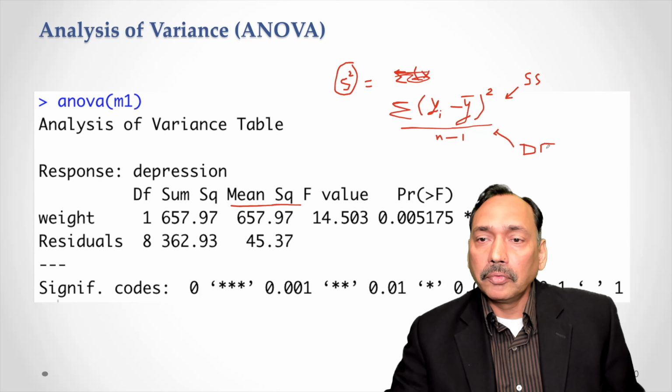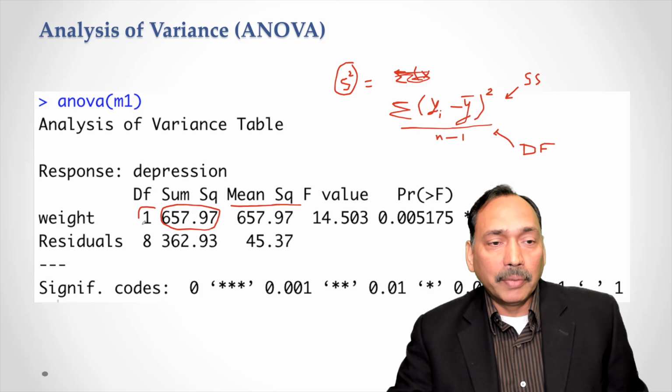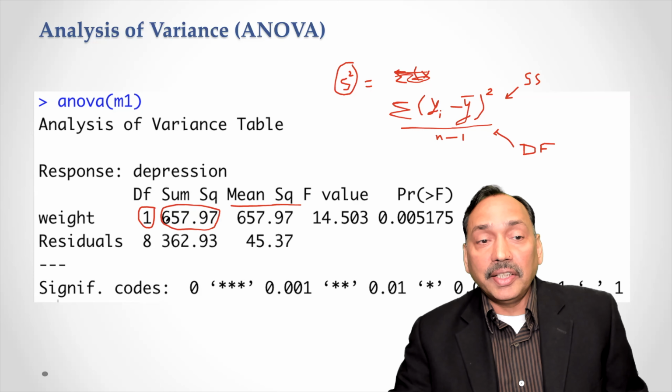Exactly the same concept we use when calculating mean square. We divide the sum of squares for the regression by its degrees of freedom. For simple linear regression, this is always 1 because we have only one variable. So when we divide sum of squares by 1, it remains the same.